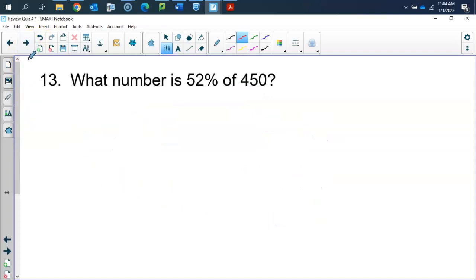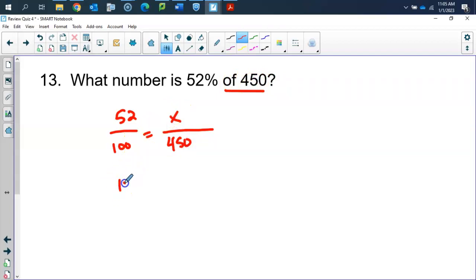What number is 52% of 450? Again, set up percent proportion. Go. Well, our percent proportion is percent over 100. So 52 over 100. That's the easy part. Equals, this is of 450. That's the whole. We're looking for the part.